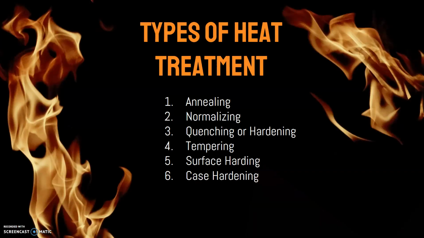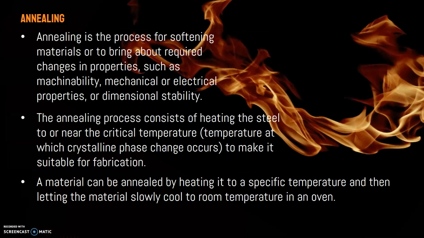The types of heat treating are annealing, normalizing, quenching, also known as hardening, tempering, surface hardening, and case hardening. Annealing is the process of softening the material or bringing about a required change of properties, such as machinability, mechanical or electrical properties, or dimensional stability.